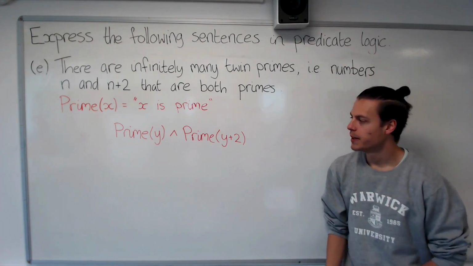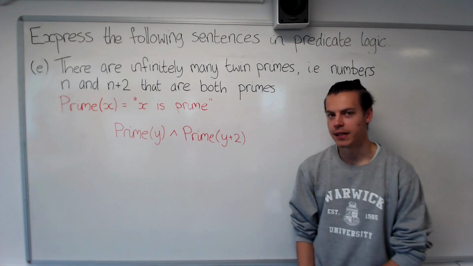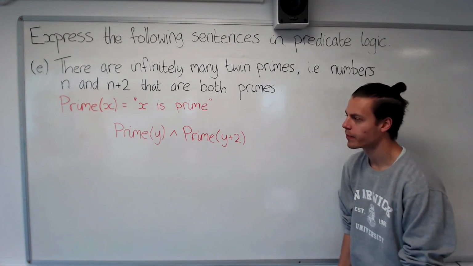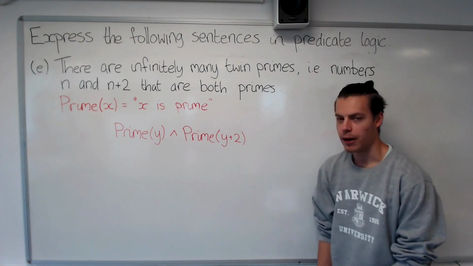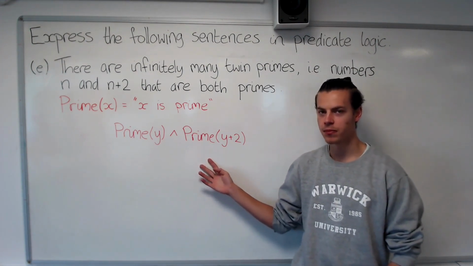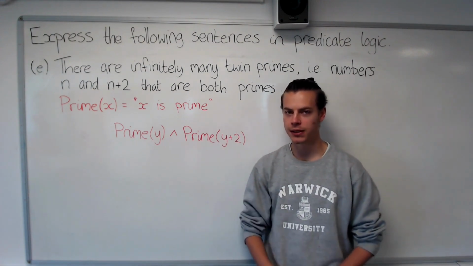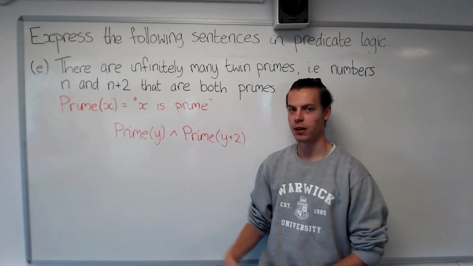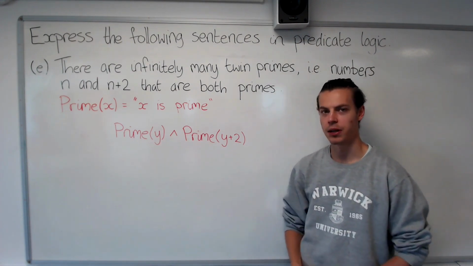Now, how might we express that there are infinitely many such primes? Well, what does it mean for there to be infinitely many? So one way we could think about it is if you take any twin prime, you can always find one that's greater, right? You can always find a number that's greater than y that is also in a twin prime.